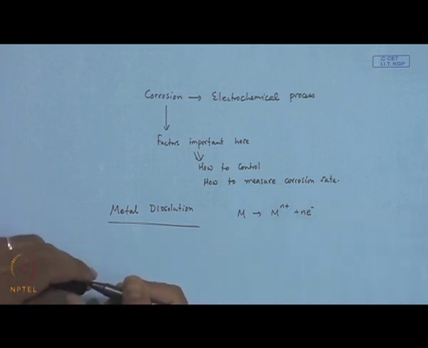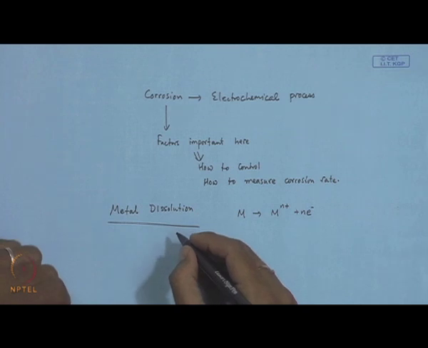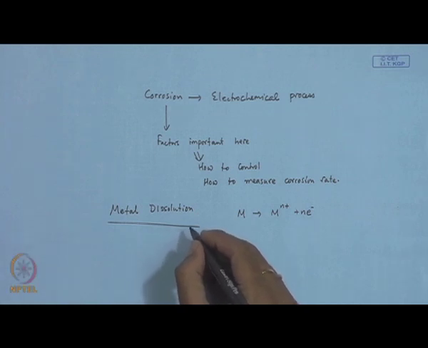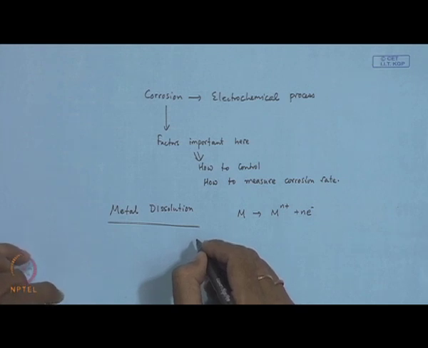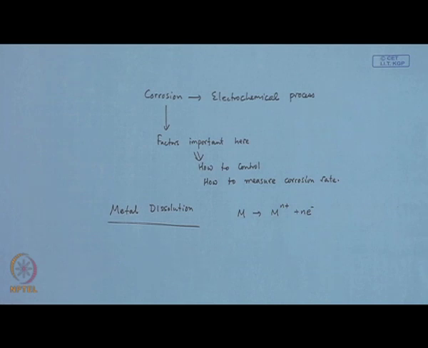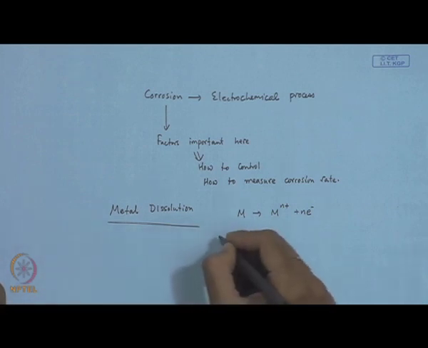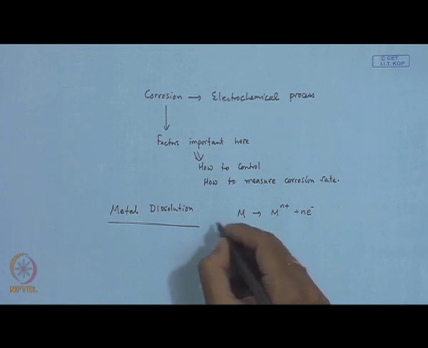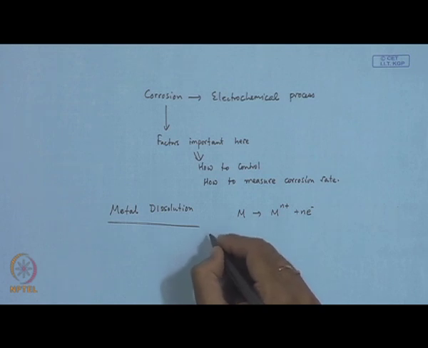Now, in most of the corrosion processes, excepting cathodically controlled processes, metal will dissolve, because corrosion is mostly related to metals. So, we should have an understanding of the principle behind the metal dissolution process, and that will be an important part for understanding corrosion.